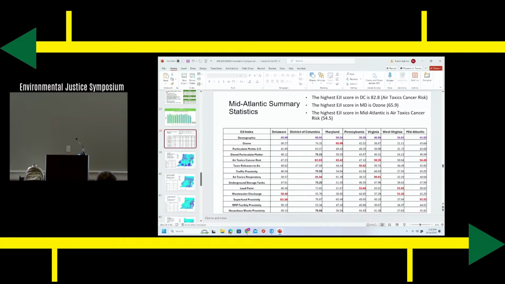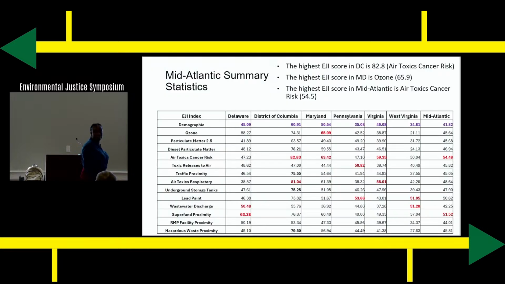Can you let us know what the numbers in red mean? Anything from 50 above, we highlighted it in red. We highlighted it in red because this was generated by us. Any score 50 and above, we highlighted it in red.